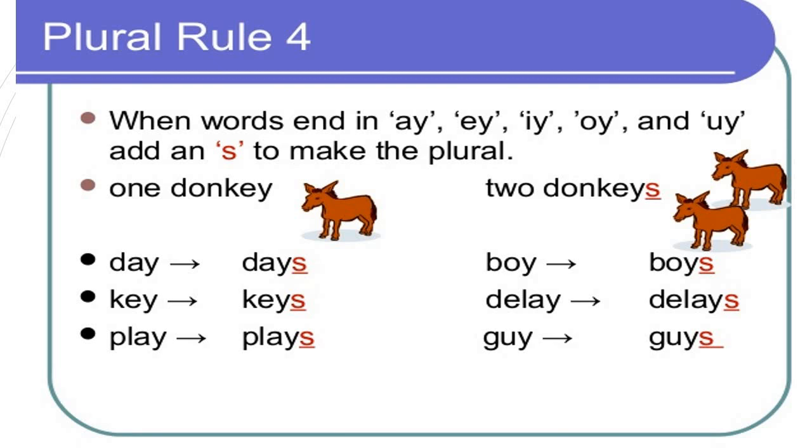So the noun word is donkey and the last letter is y and there is a vowel letter before y. So when we want to pluralize it, we have to add only the letter s. And there are 6 examples. Read these words and study how to form them into plural form.